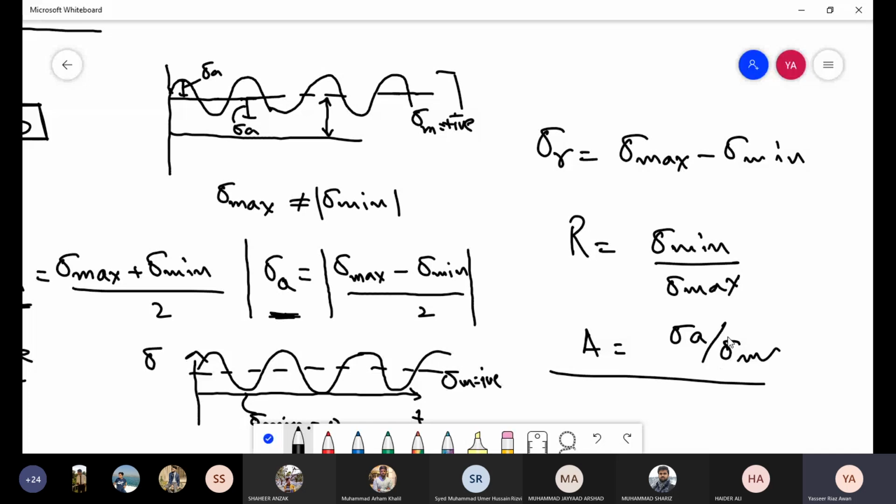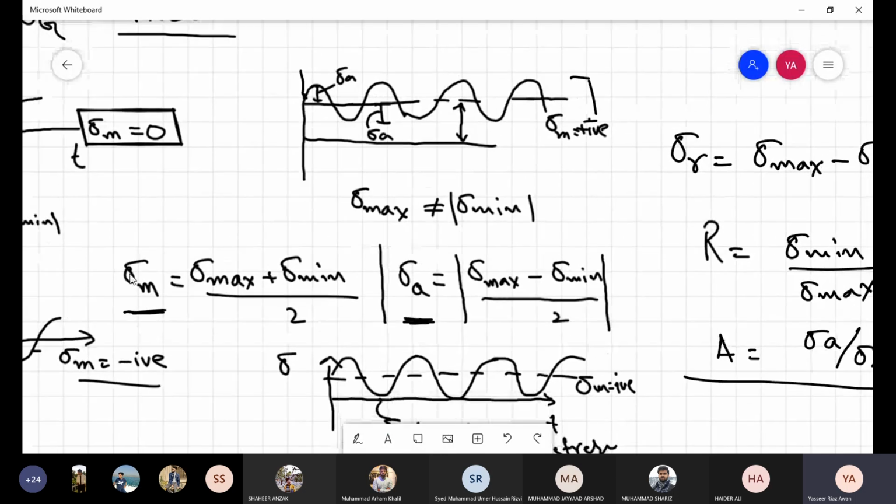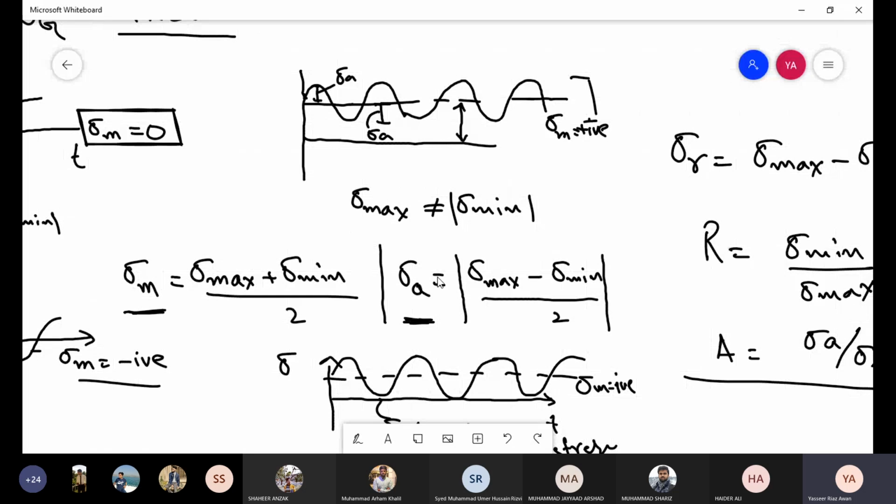If the ratio is low, then you can see the mean component or the mid-range stress component is dominating the stress cycles, ठीक। But mainly we would be concerned with these two terms, that is sigma m and sigma a.